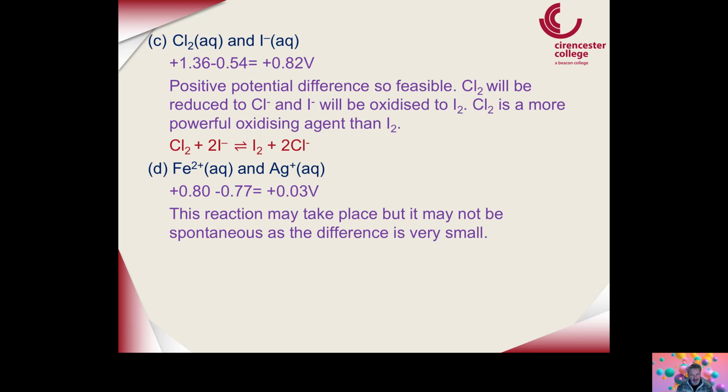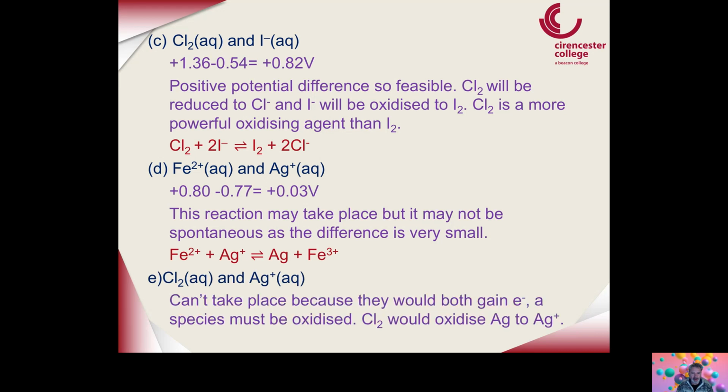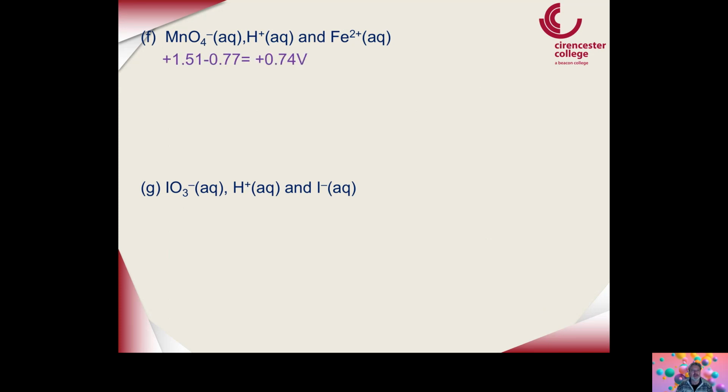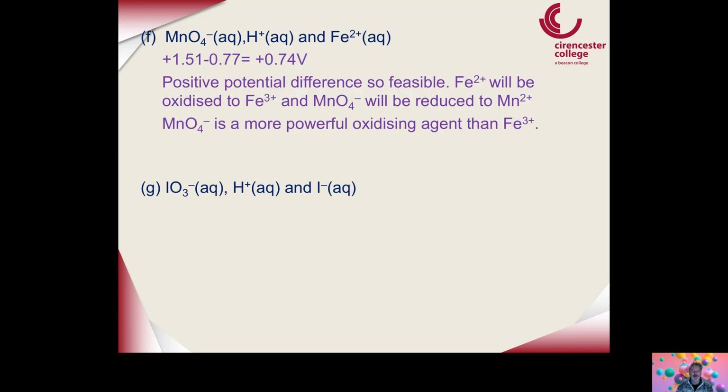The difference is quite small, so it's probably going to take a while to happen. And that one can't take place because they were both gaining electrons. Chlorine would oxidize silver to Ag+. So that one is positive, so feasible.